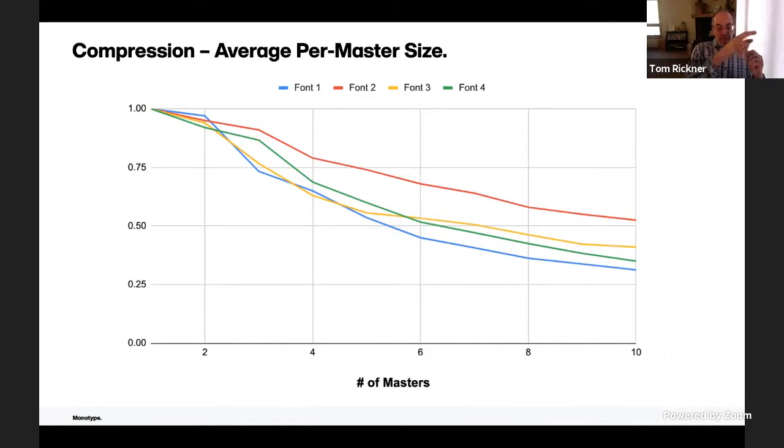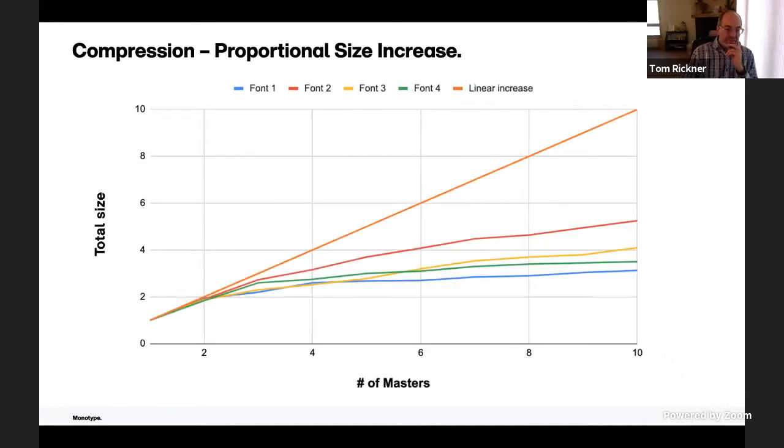This shows you as the more masters you add, the smaller the average size gets. To view this another way, here we have the orange line represents the average size of input masters. So a 2-master variable font you would think would be the same size as 2 fonts, and a 4-master variable font the same as 4 fonts. That's what that orange line would represent.